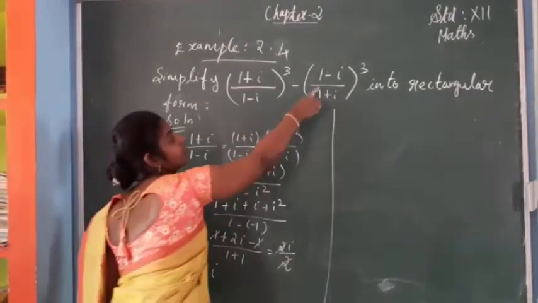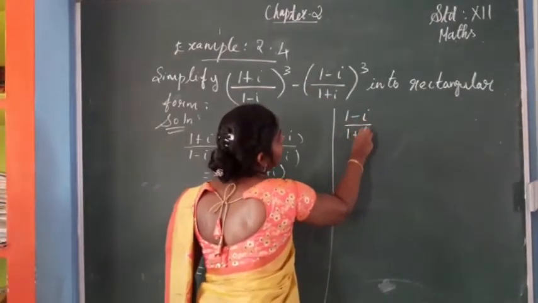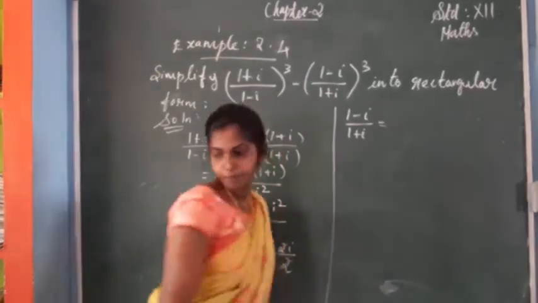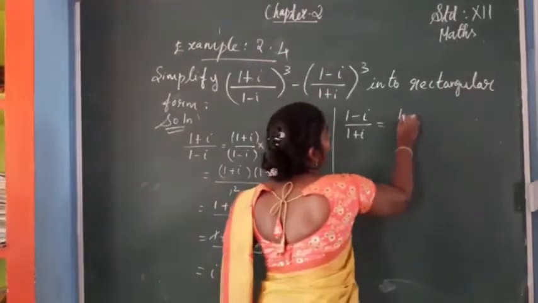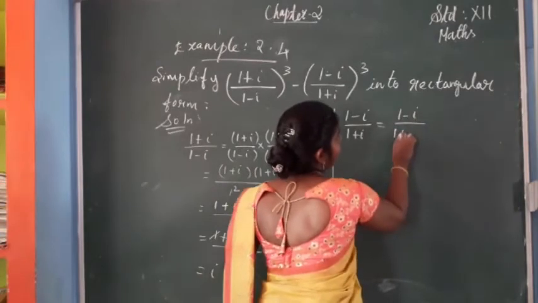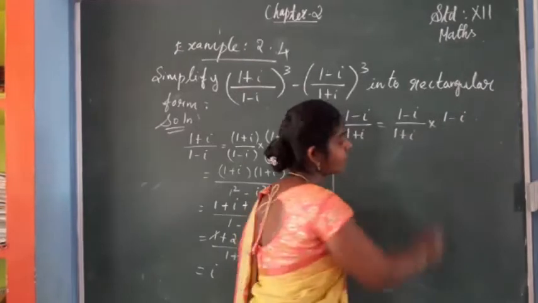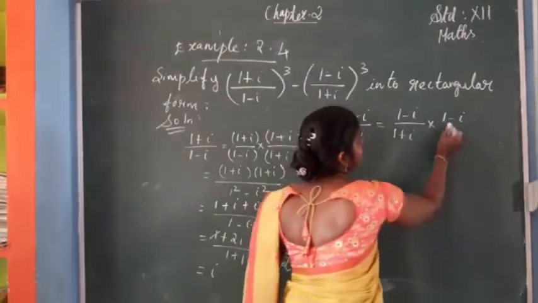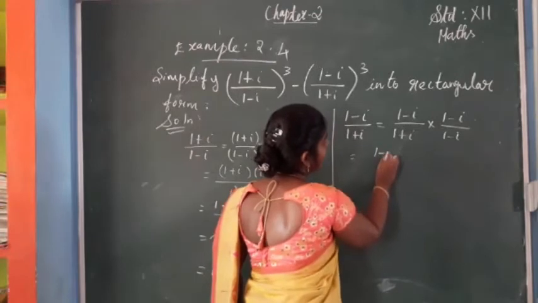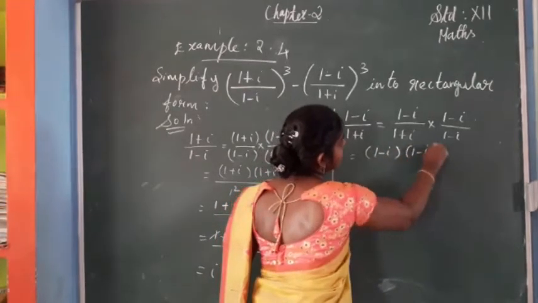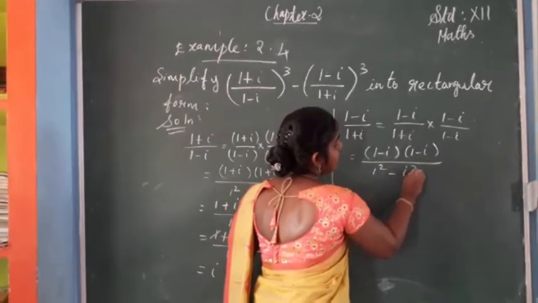Next we have to find the second part. (1 - i)/(1 + i) is equal to (1 - i)/(1 + i) into (1 - i)/(1 - i), the conjugate of 1 plus i is 1 minus i. That's equal to (1 - i)(1 - i) divided by 1 square minus i square.